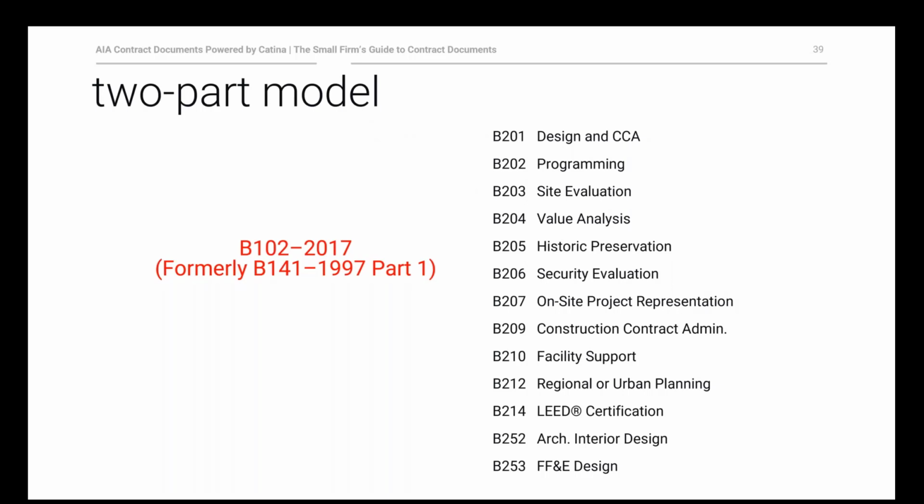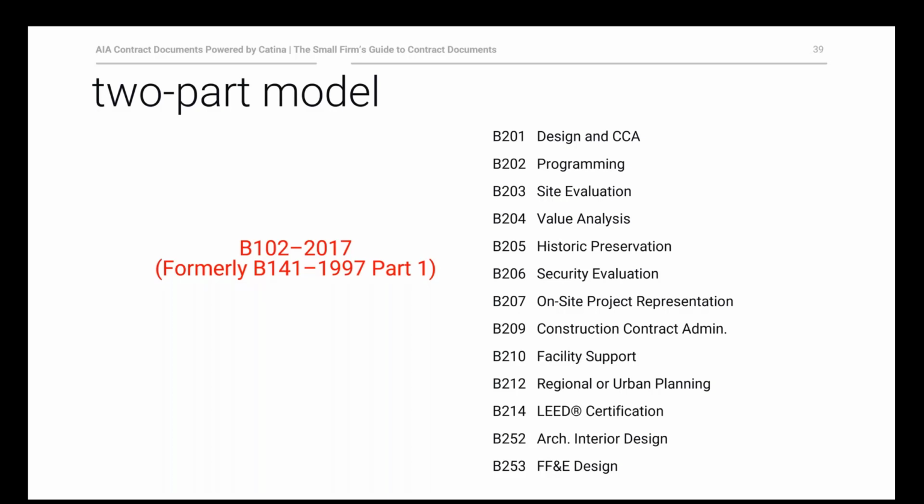And you can see there's a whole range of potential services covered by these various scopes. Some folks do historic preservation work, and so you might want to just use the B102 along with the historic preservation scope, and that might be an entree to the project, right?